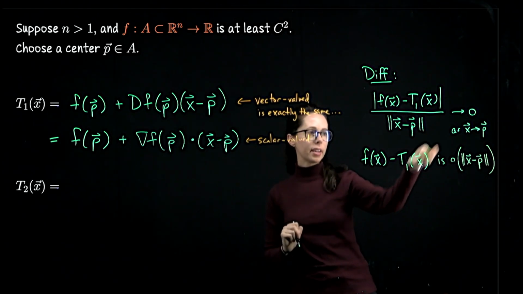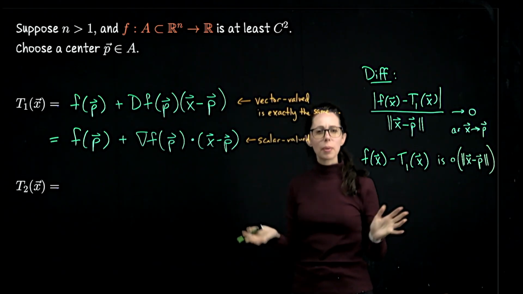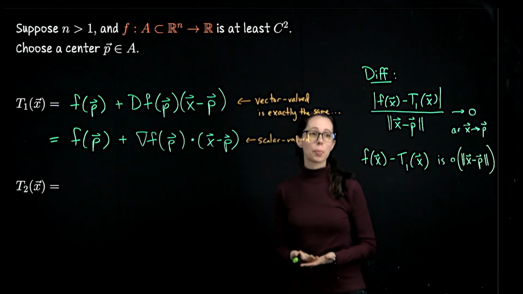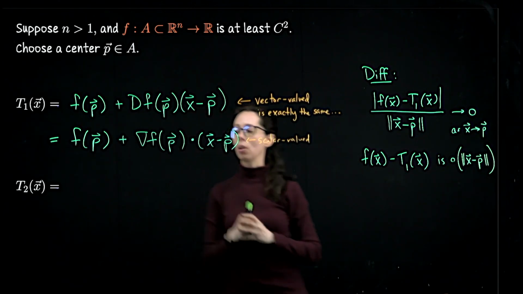So this sentence here translates into this limit. Okay, this should all be fairly familiar because we've been looking at differentiability for a while. So we've been computing these kinds of limits. We've worked with this first order approximation already.